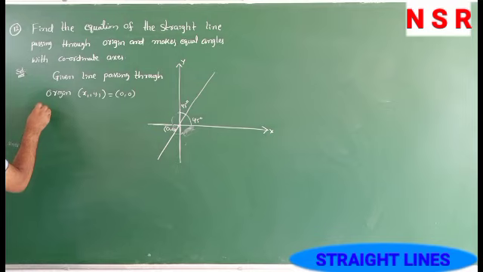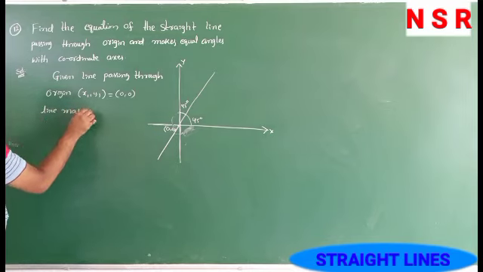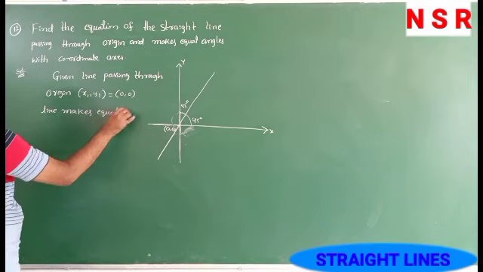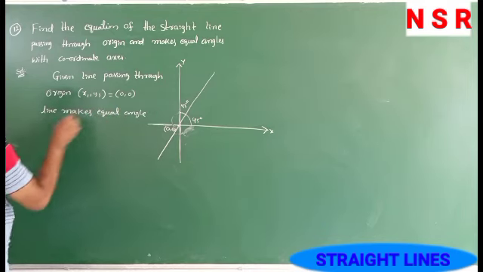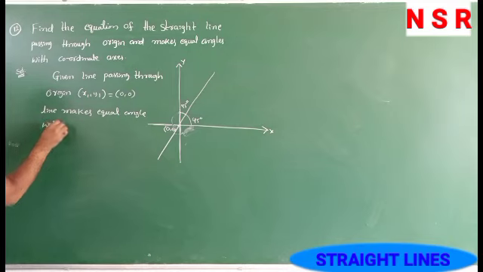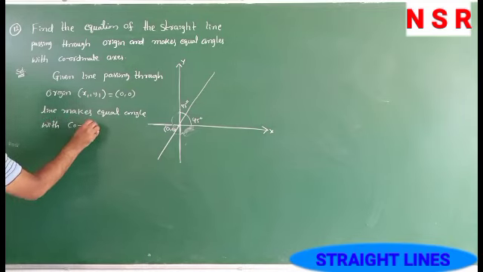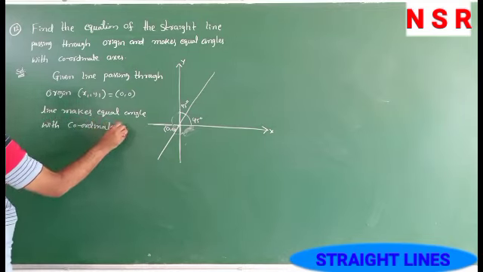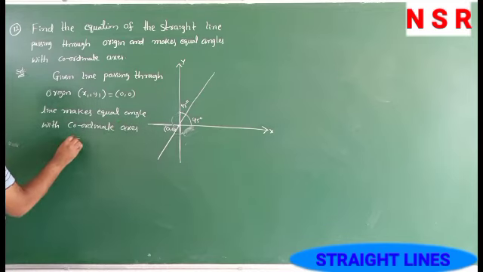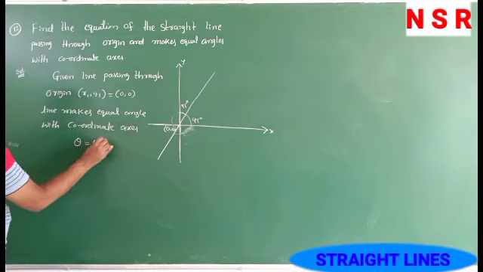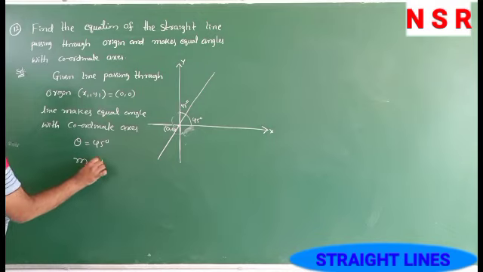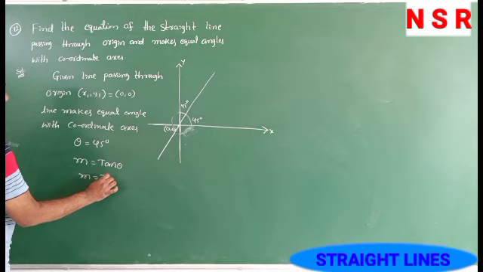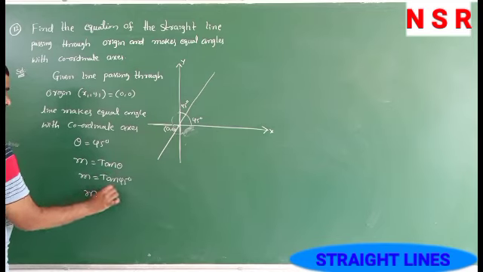Next, the line makes equal angles with the coordinate axes, then theta is equal to 45 degrees. Now we have the formula for the slope, m equal to tan theta, so m equal to tan 45. And tan 45 means 1.